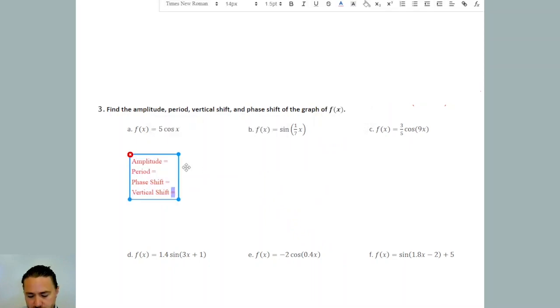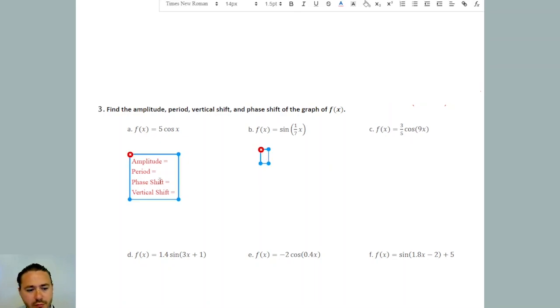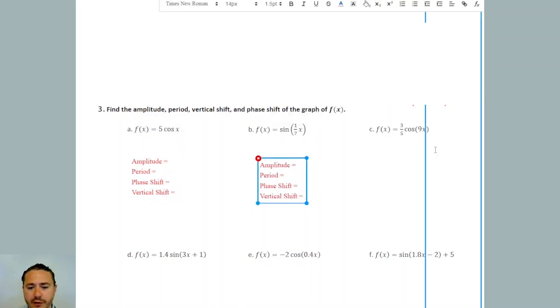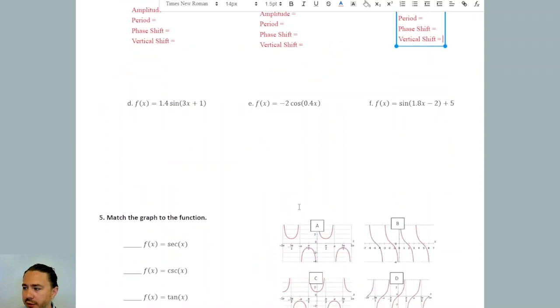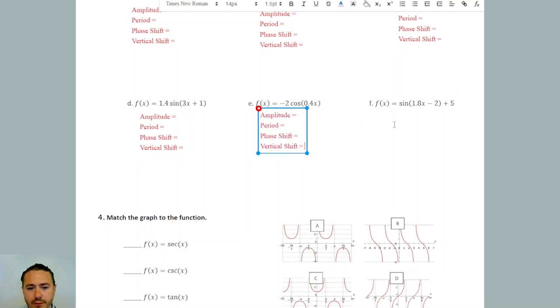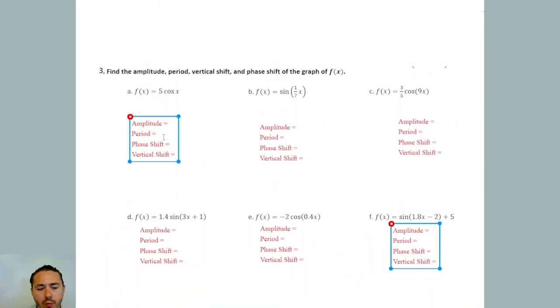I'm just going to give myself a little answer bank, a place to put all my answers here, so I don't have to keep typing this over and over again. Okay, so let's just knock them out one at a time.